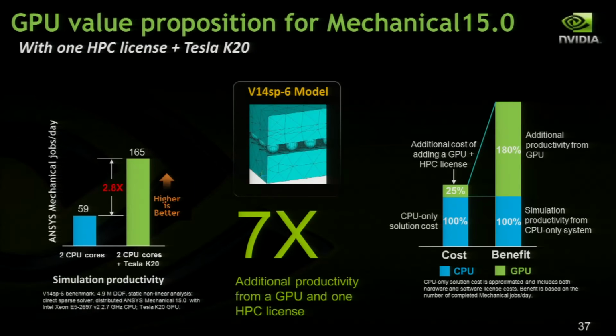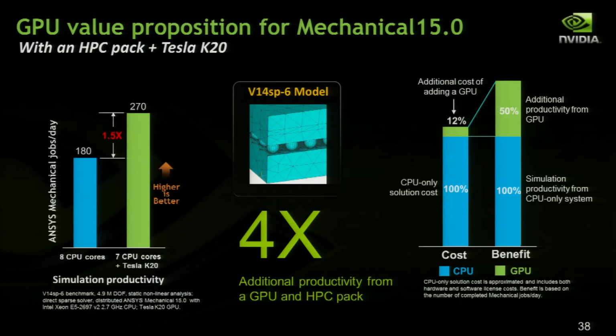When you compare the cost, if the base license and the workstation cost 100%, just adding a Tesla K20 and one HPC license only costs you 25%. But this 25% is delivering almost 180% additional productivity. So you get almost 7x additional productivity for the money that you are spending on GPUs and just one HPC license.